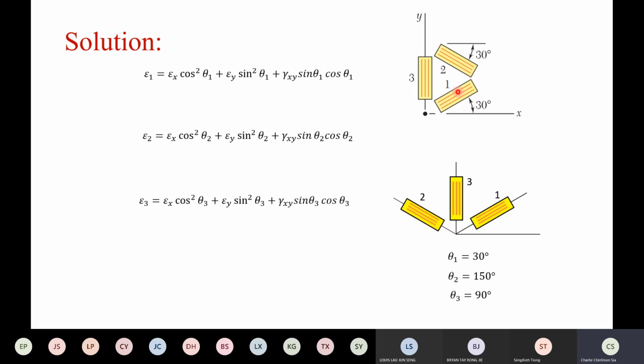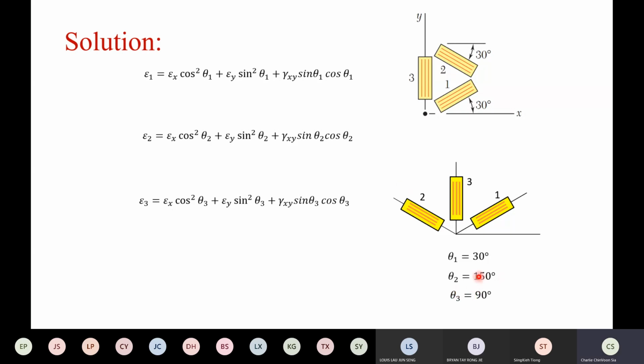If you look at these two at the same position, 150-degree, from here to here is 30. Then strain gauge number 3 will be 90-degree. So far, do you have any questions regarding the arrangement of the strain gauges?